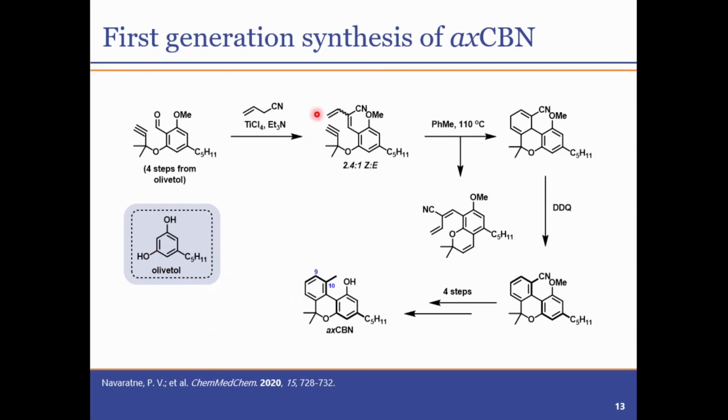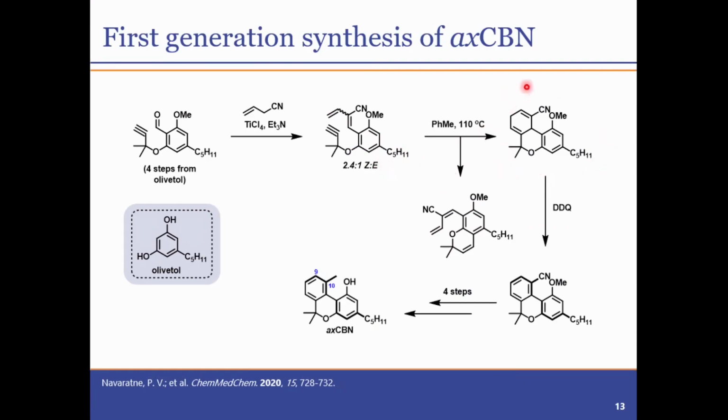One thing that can happen is that you end up with a mixture of double bond isomers, in that you have what is called the Z isomer, which undergoes the desired chemistry, or the E isomer, which is not structurally able to do so and instead undergoes a different reaction, yielding an entirely different product. That's just something that happens quite often in the laboratory, and we have to deal with those unwanted outcomes strategically.